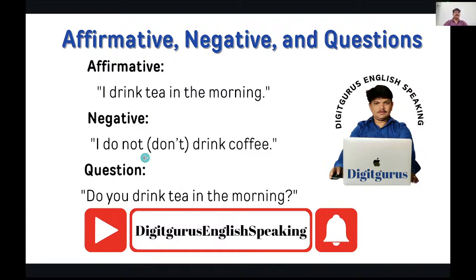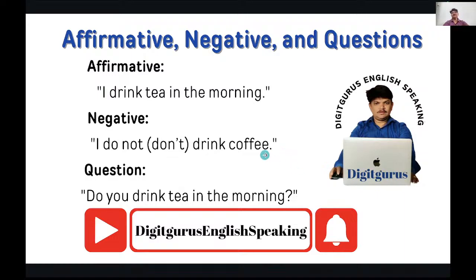I'm using do here. In another sentence, for example, she plays chess. Does she play chess? She doesn't play chess. Doesn't she play chess? So these are the affirmative, negative, interrogative, interrogative negative sentence.